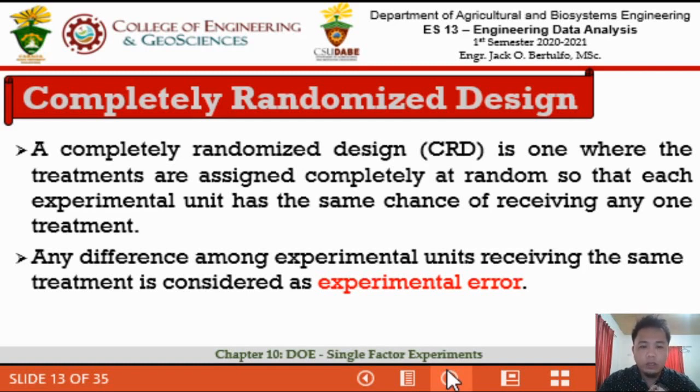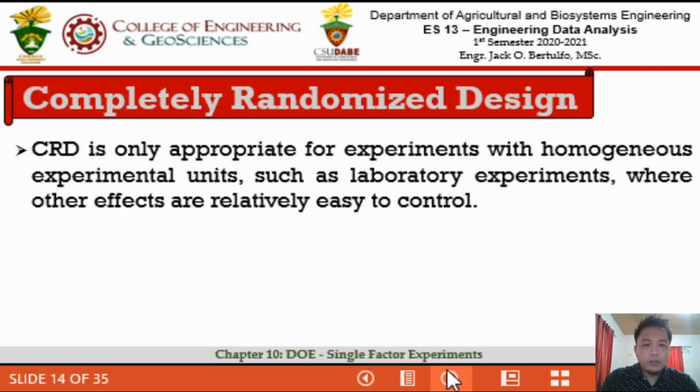So if your experimental unit is, let's say, a plot, every experimental unit has an equal chance of receiving a treatment. A CRD is only appropriate for experiments with homogeneous experimental units, such as laboratory experiments, where other effects are relatively easy to control.